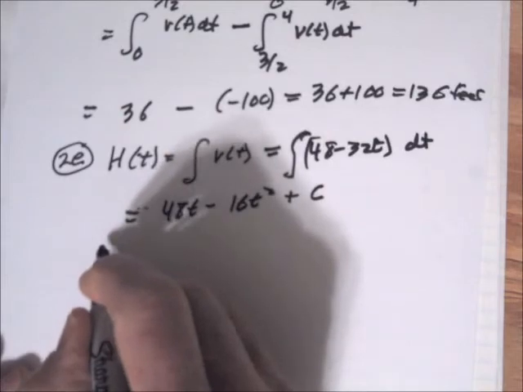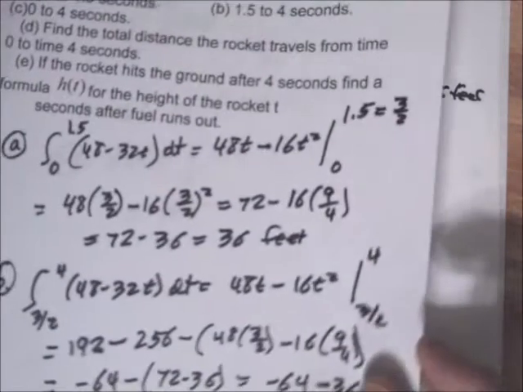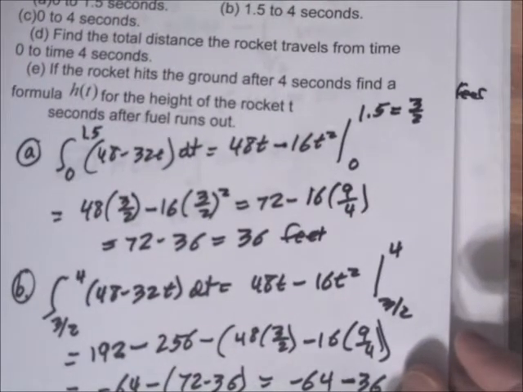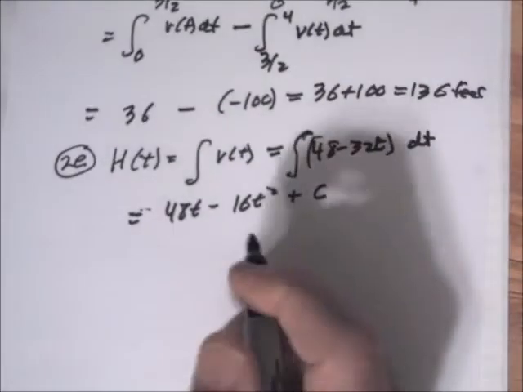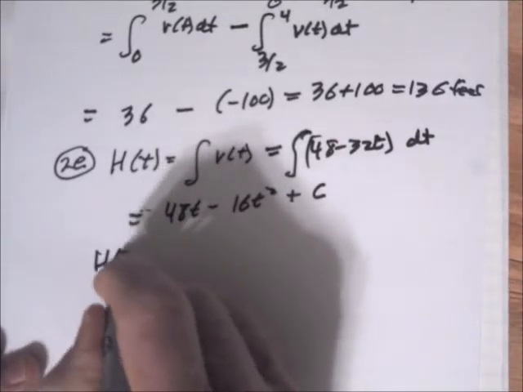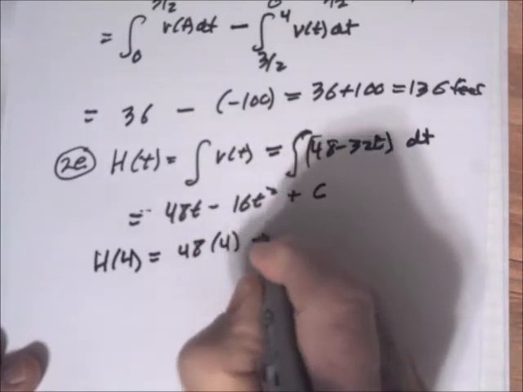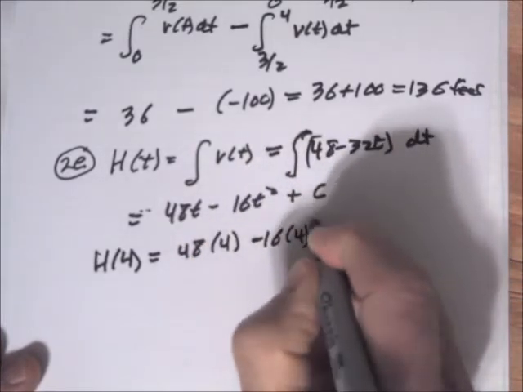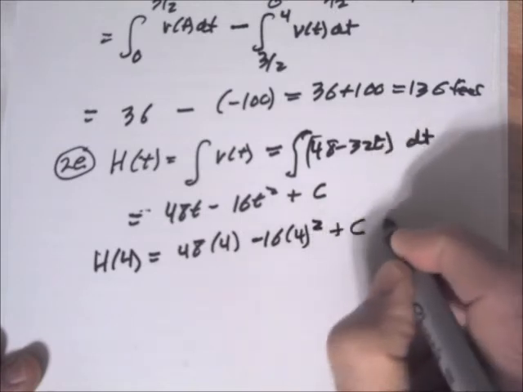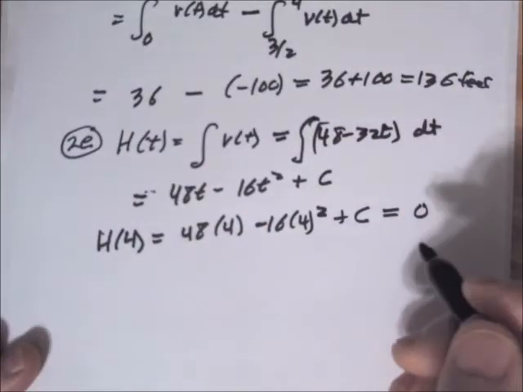We're given that the rocket hits the ground after 4 seconds. So we know that h of 4 has to be 0. So h of 4 is 48 times 4 minus 16 times 4 squared plus a constant, and that has to equal 0 because the rocket hits the ground. The height at 4 seconds is 0.